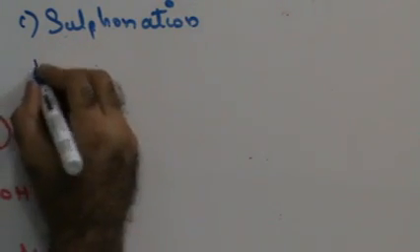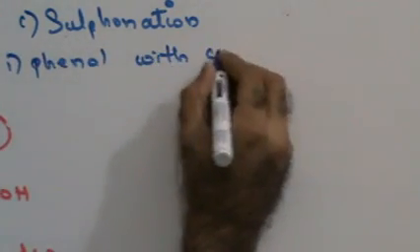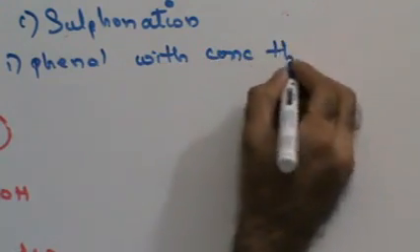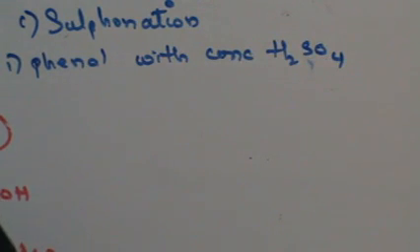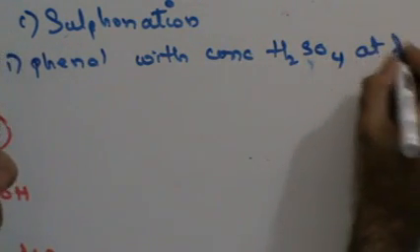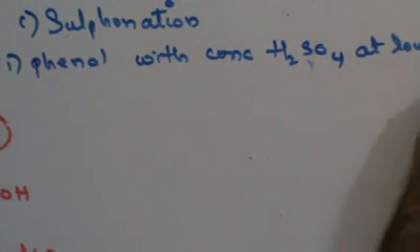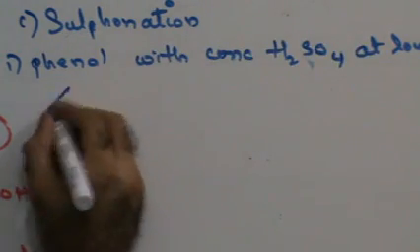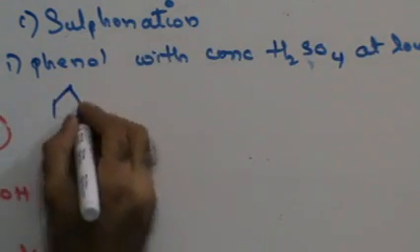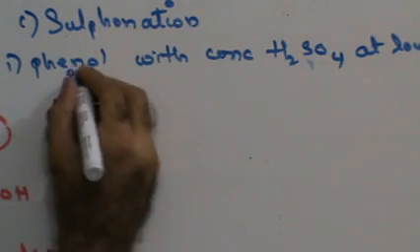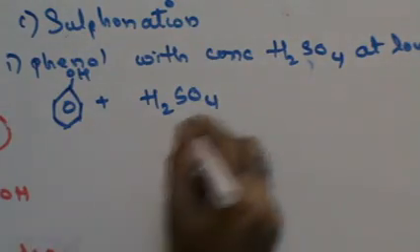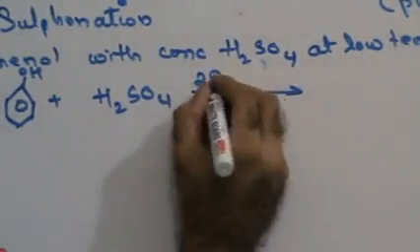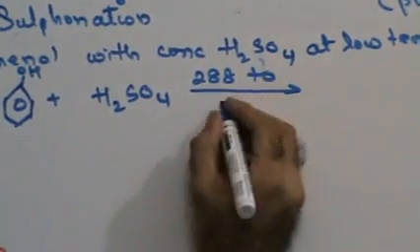Phenol reacts with concentrated sulfuric acid at low temperature, that is 288 to 293 Kelvin.